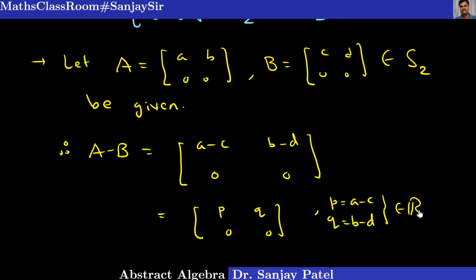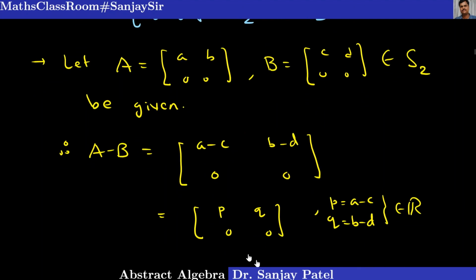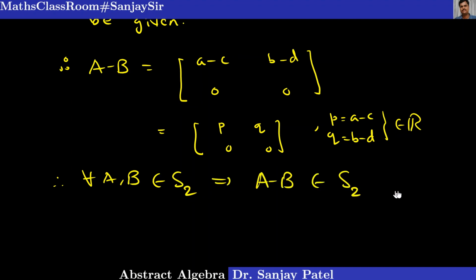So A minus B is also a member of S2 because S2 contains this type of matrices. So the conclusion here is, for every A and B belonging to S2, we have A minus B also belonging to S2. This is my result number 2.